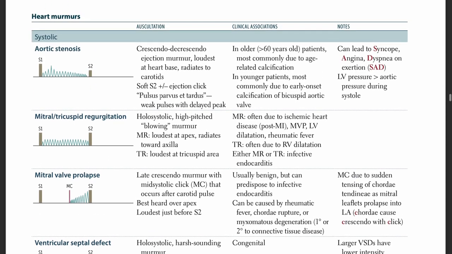And now we're going to do the systolic ones, the ones that cause murmurs due to ventricular contraction in the left ventricle. Okay, so you have aortic, left or right ventricle, but aortic is going to be your crescendo-decrescendo, right? So crescendo-decrescendo right here.